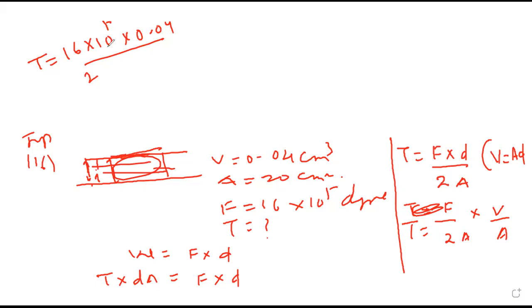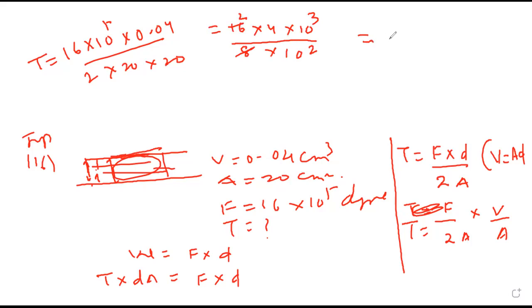Let's see what comes. 2 into area is 20 into 20, 2 into 2 is 4, 4 twos are 8, 8 twos are 16. See, this is nothing but 16 into 4 into 10 raised to minus 2 plus 5 is 3, upon 2 into 2 is 4, 4 into 2 is 8, into 10 raised to 2, 8 twos are 16.